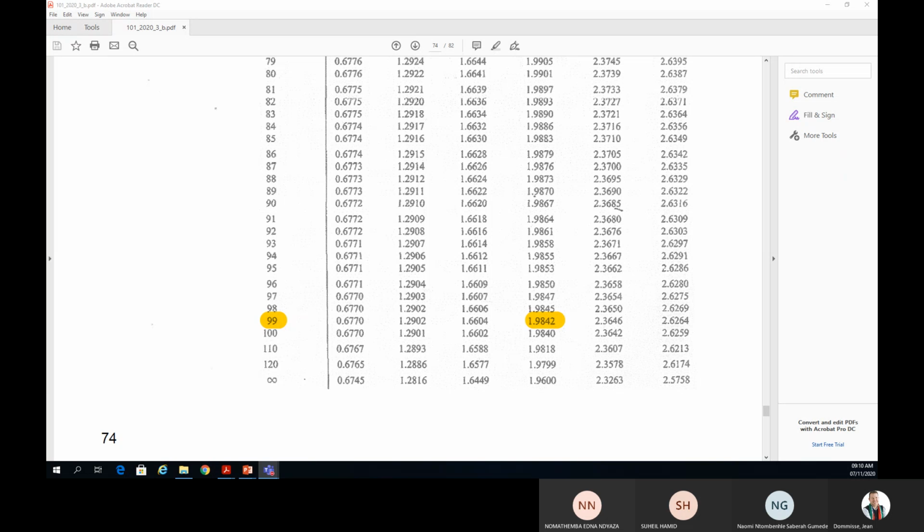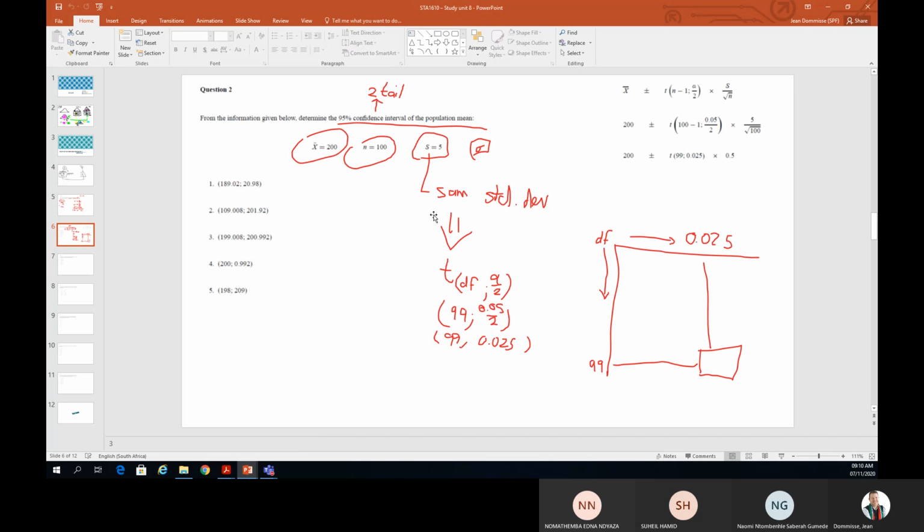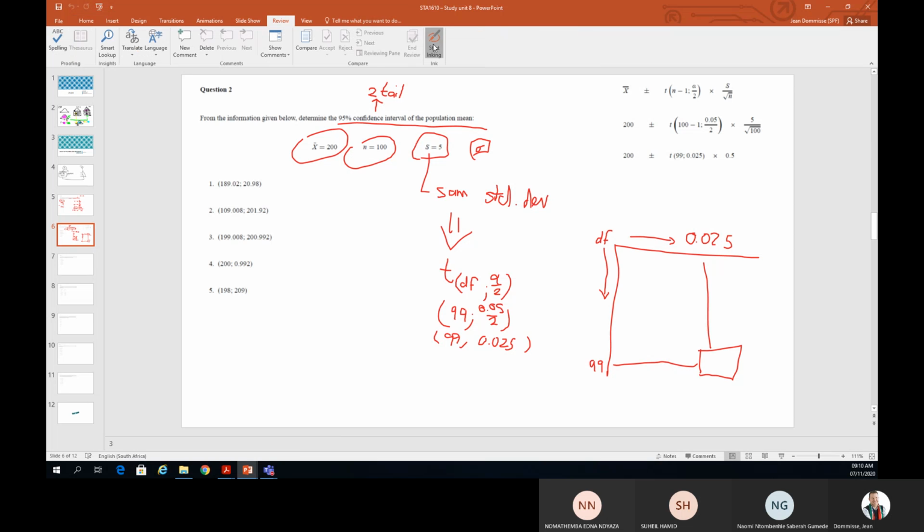So how you calculate the degrees of freedom is n minus 1 for your t. So n was 100 minus 1 will give you the 99. Then when we go back into this formula, we write it as we normally would have.